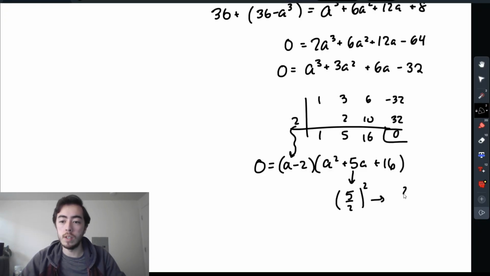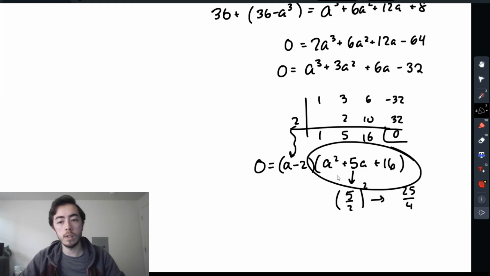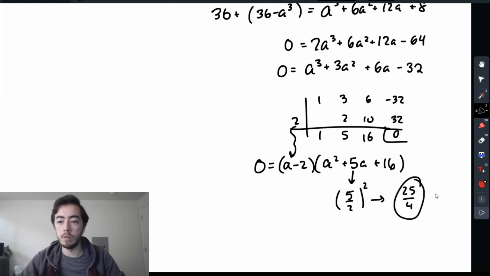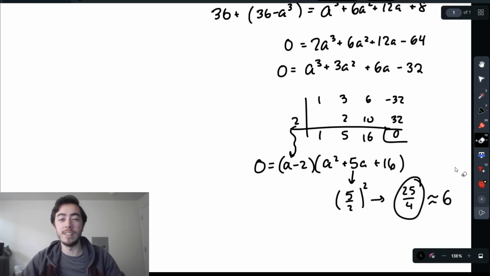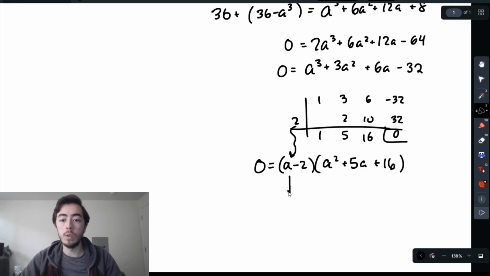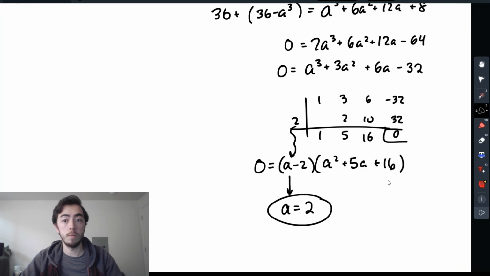And this is going to be this perfect value that would give us exactly 1 real root out of this quadratic. And then 25 over 4 is just around 6, and 16 again is way too big. So this quadratic is never going to give us the value 0. So the only 0 we're ever going to see out of the cubic is when a is equal to 2.